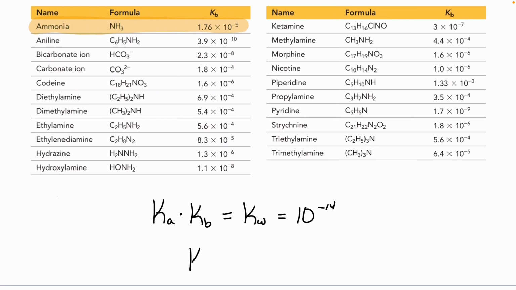So in order to get my Ka, I'm going to take that 10 to the negative 14 and divide by that Kb value.